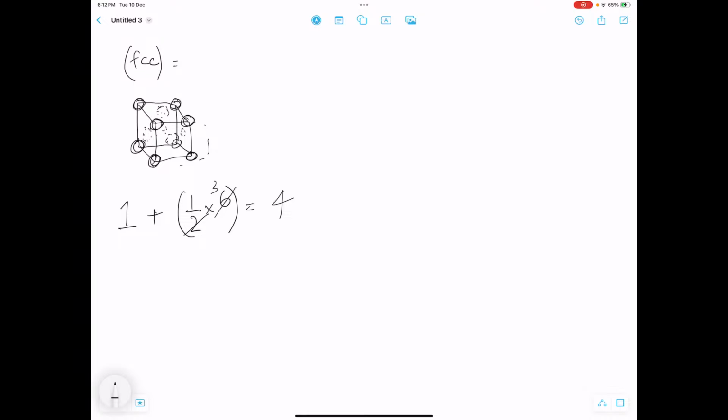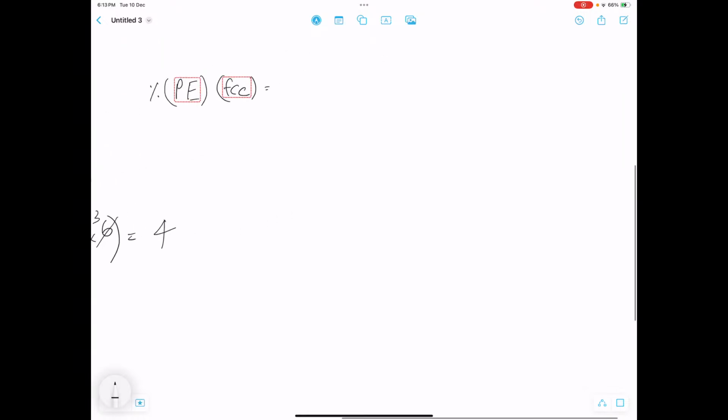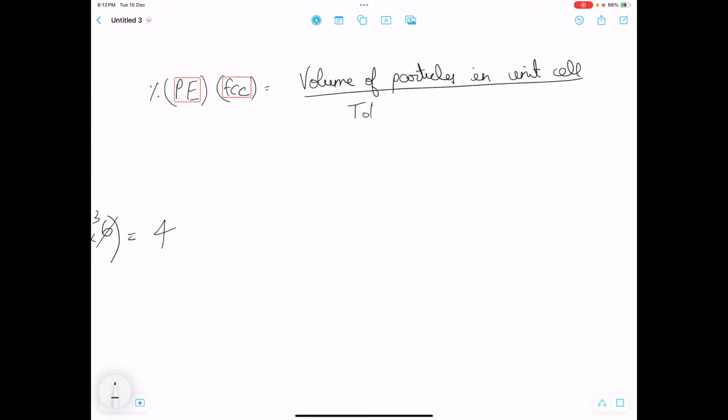Now if you want to calculate the percentage packing efficiency, let's write down the formula, which is volume of particles in unit cell upon total volume of unit cell into 100, as it's a percentage.